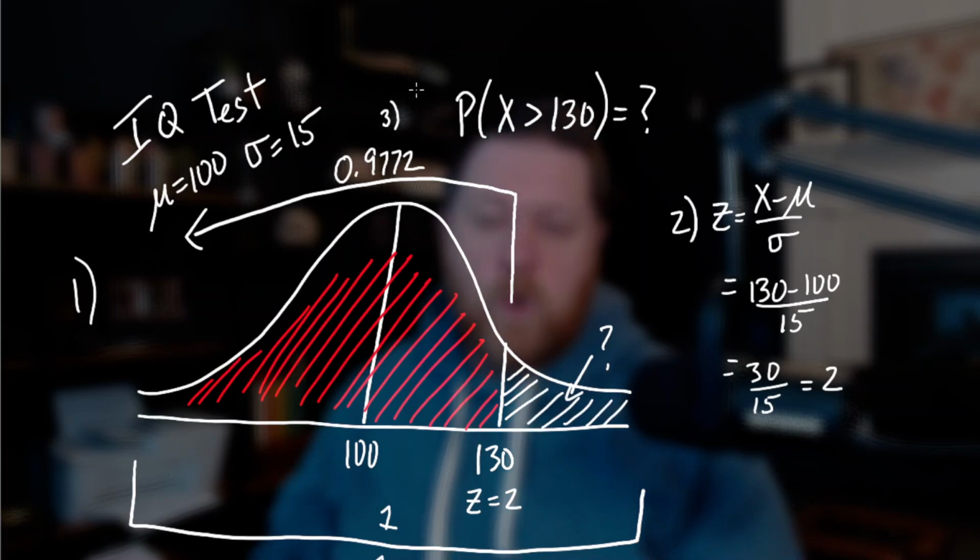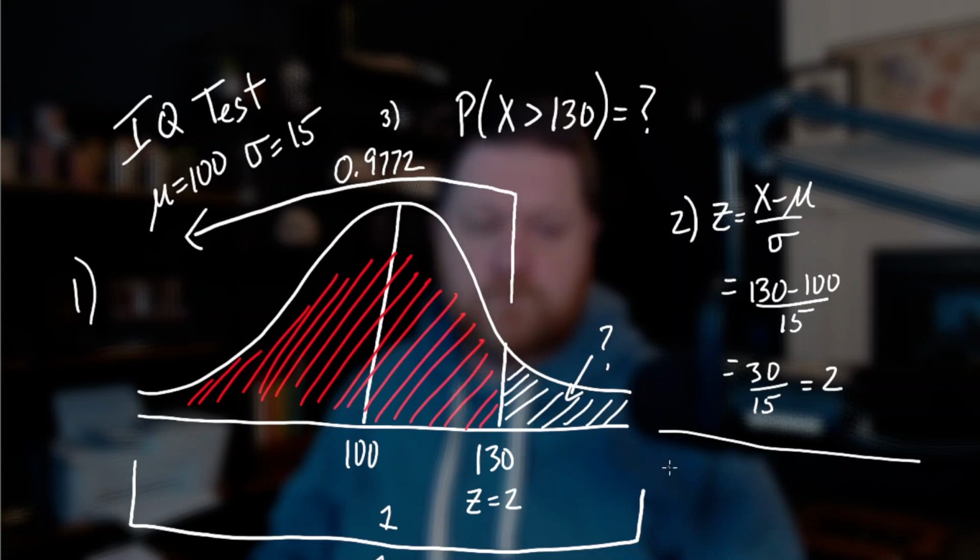And so we don't care about the red area. All we care about is the white area. And so what we're going to do is take the entire thing, which is 1, subtract off the stuff that we don't care about, 0.9772, and it is going to leave us with the area that we do care about, this white area. So let me draw a line here so we don't get these two things confused.